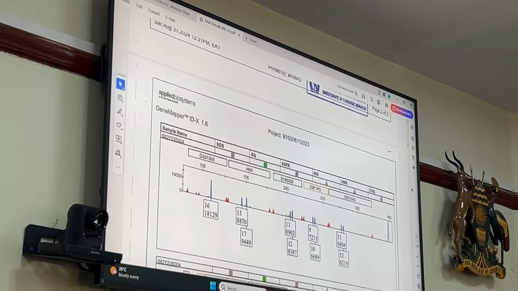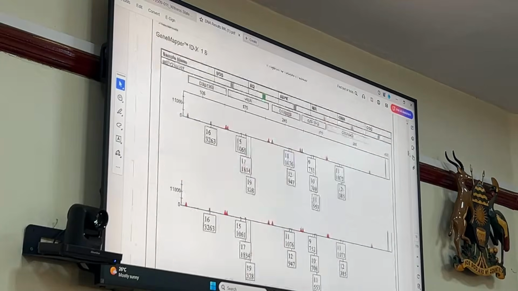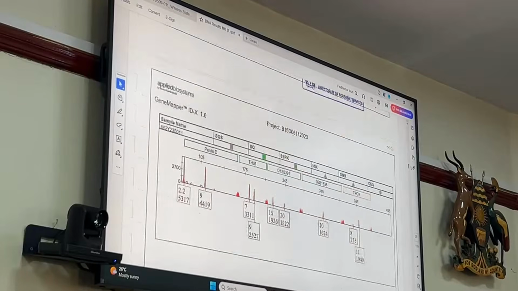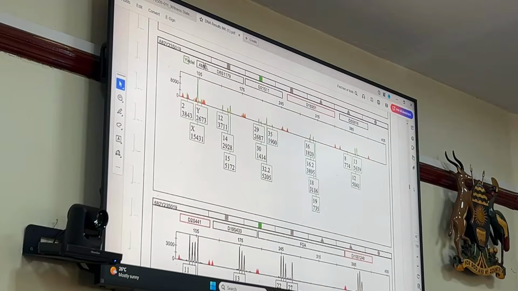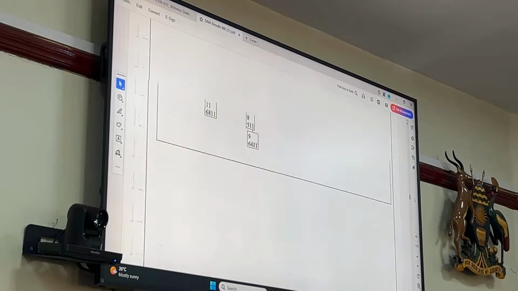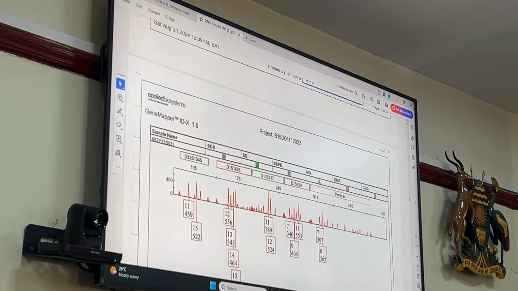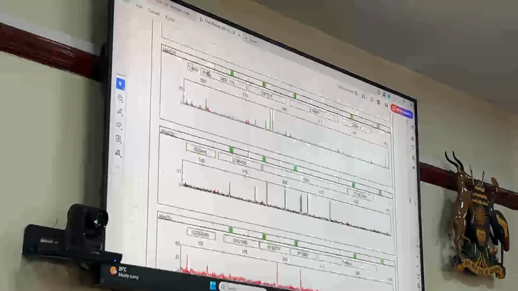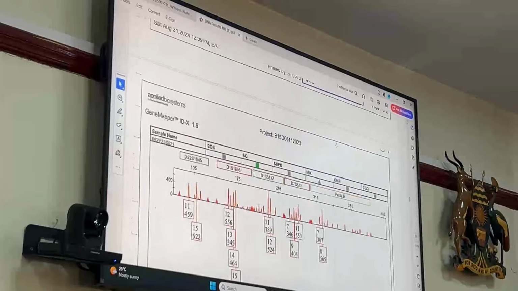These are all the reference DNA profiles, and this batch continues. There were 20, so it continues to sample 23. You can see that this is exactly the same project number.